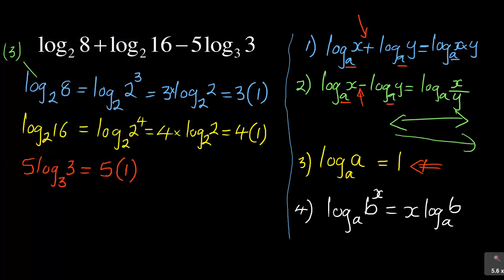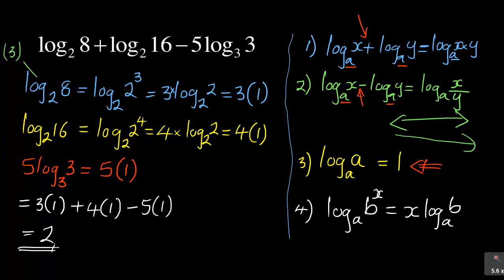So now you can move on in this question. This is equal to, where there is log base 2 of 8, 3 times 1, plus log base 2 of 16, which was 4 times 1, minus 5 times 1. Now 3 plus 4 is 7, minus 5. The answer there was a 2.